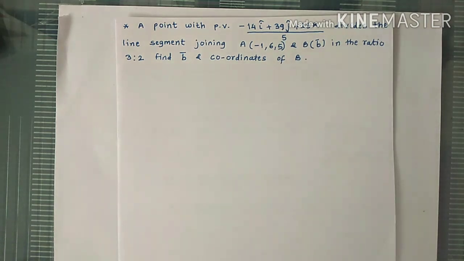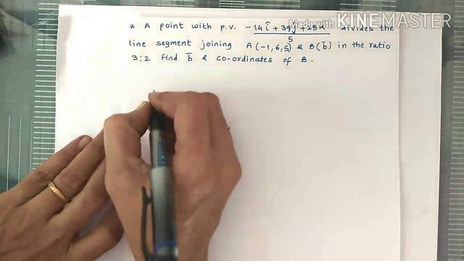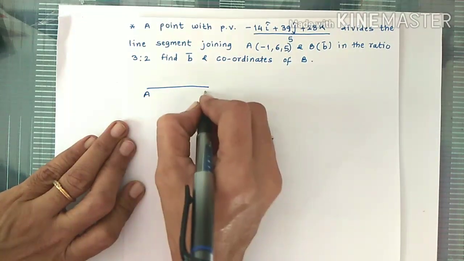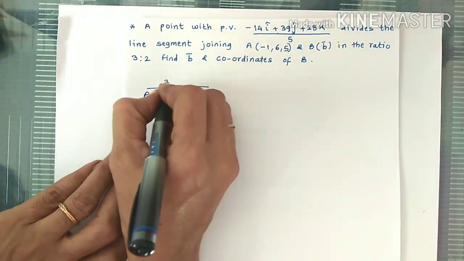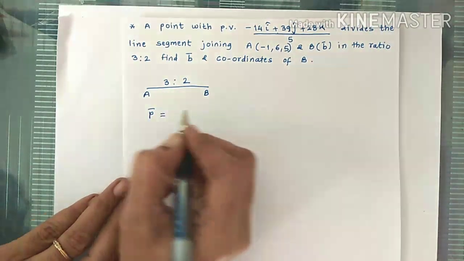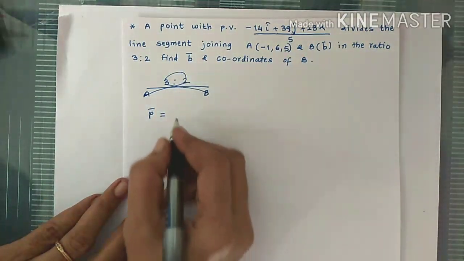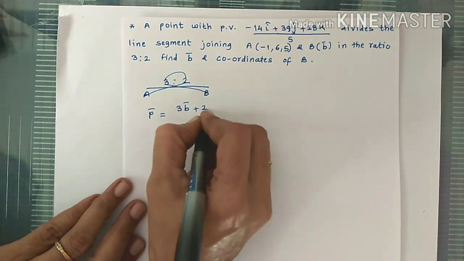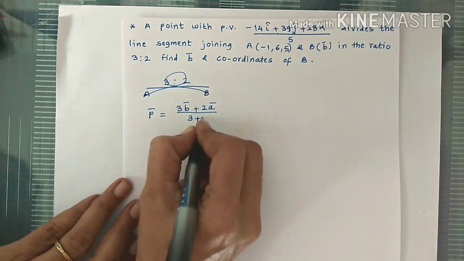So the point which divides the line segment AB, the position vector is given and the ratio is also given. So AB is divided by this point, say P, in the ratio 3:2. So P bar is, by section formula, 3B bar plus 2A bar divided by 3 plus 2.